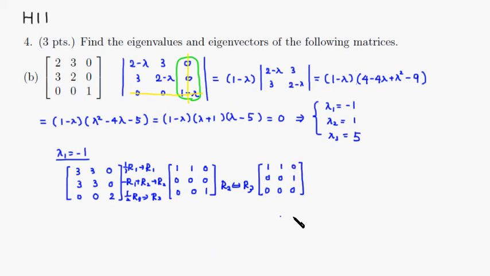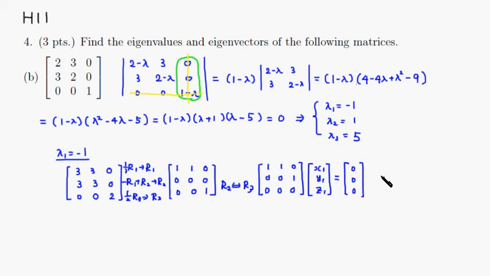So this is row reduced, and this matrix corresponds to this equation. You have x1, y1, z1, the eigenvector corresponding to lambda 1, and this has to be equal to 0, so you get 0 0 0.